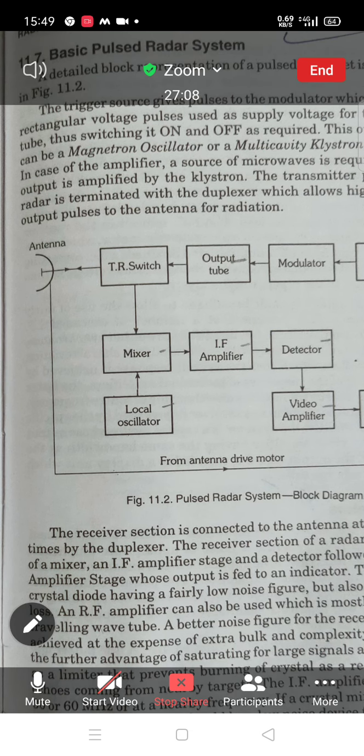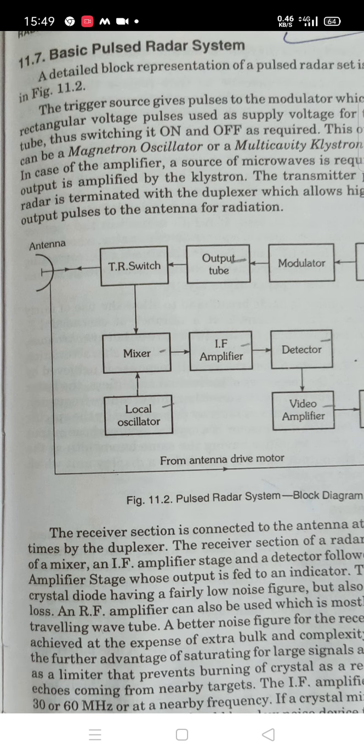The output of the output tube is given to the TR switch and its output is given to the transmitting antenna and the mixer also. So again the mixer is connected with the local oscillator. It will mix both the signals, that is the incoming frequency FS and the local oscillator FO, and it will generate the intermediate frequency that is given to the IF amplifier, and then the output of that IF amplifier is given to the detector.